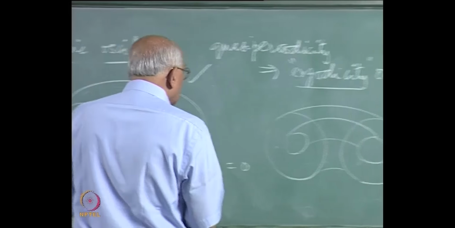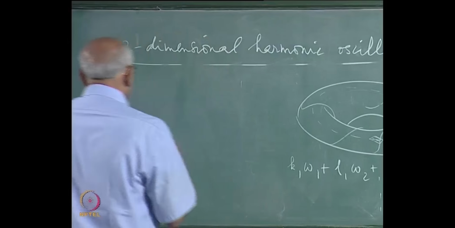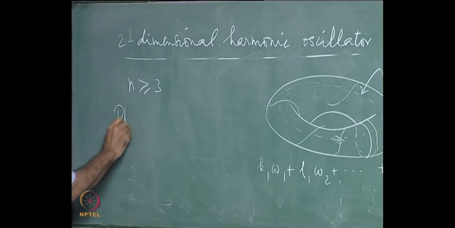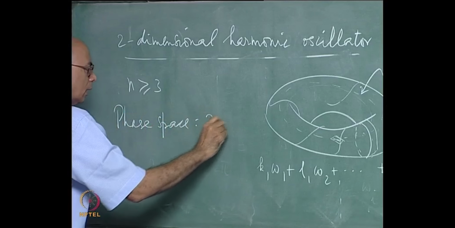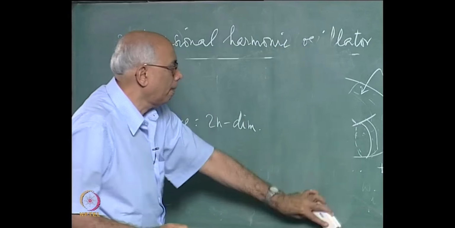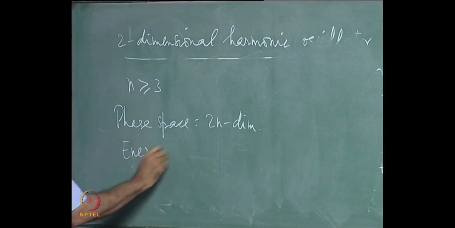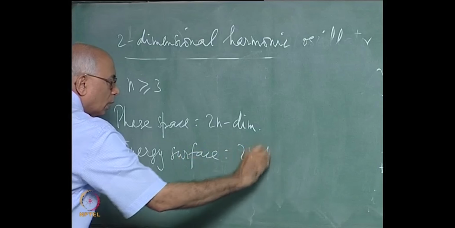So it is evident immediately that if you took 3 or more degrees of freedom, n greater than or equal to 3, the phase space is 2n dimensional. The energy surface is 2n minus 1 dimensional.